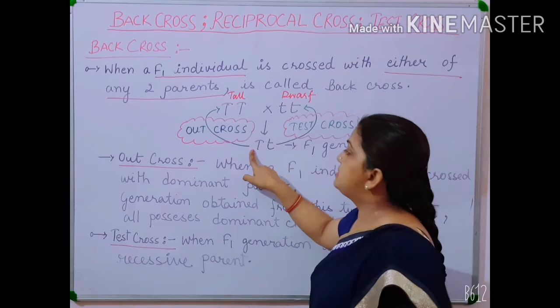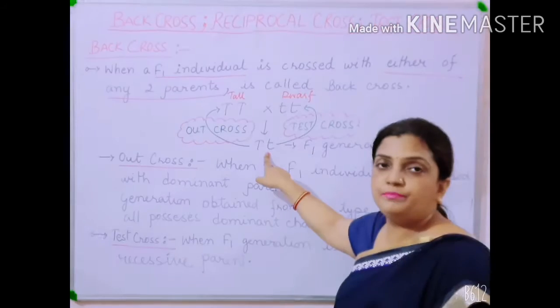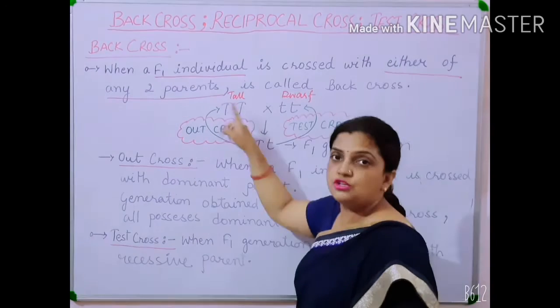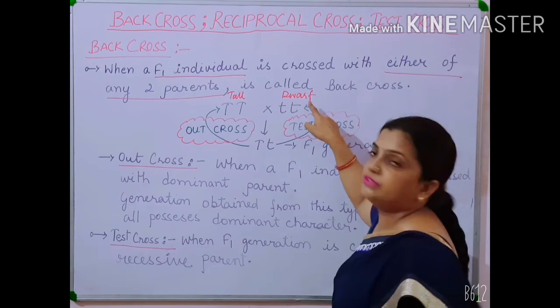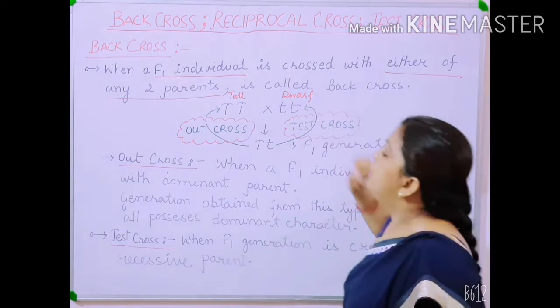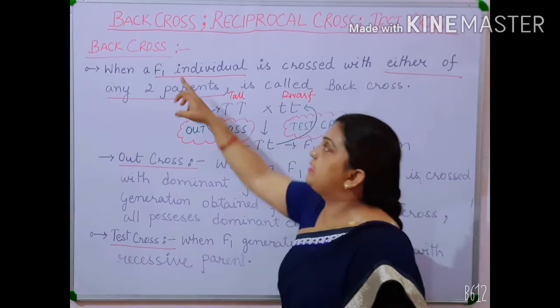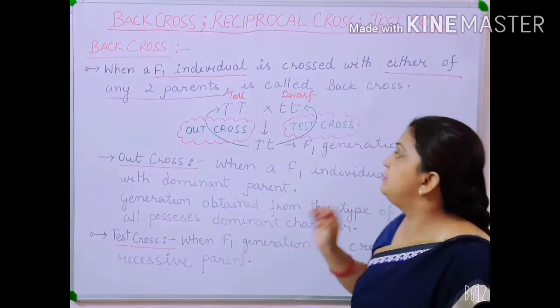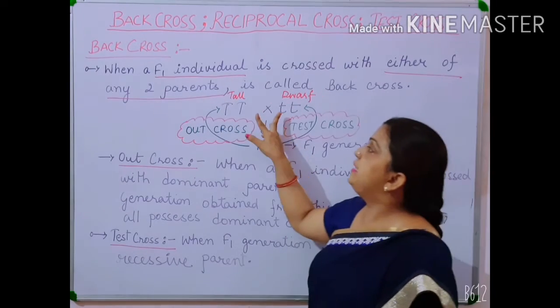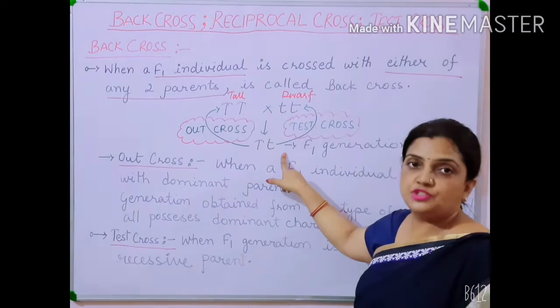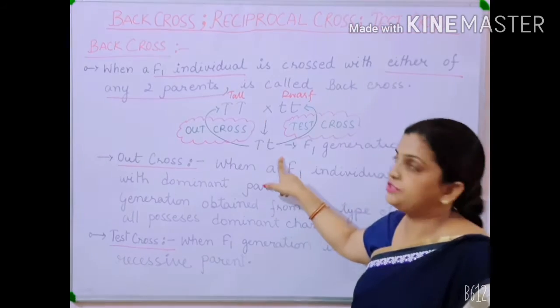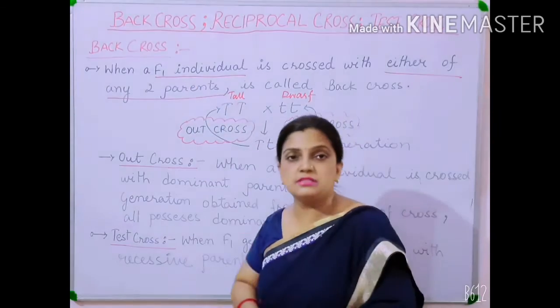So on one side the F1 progeny can be crossed with the dominant tall parent, and on the other side with the recessive parent. This is what back cross means: any one of the parents can be crossed with the progeny of the F1 generation.